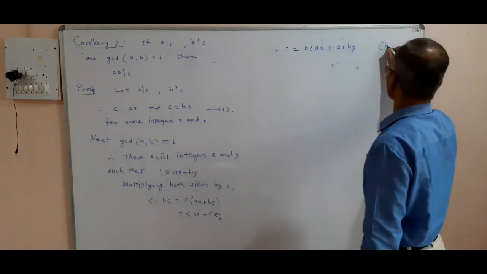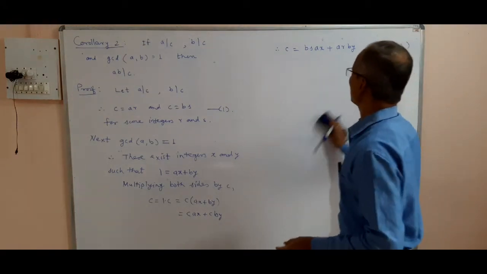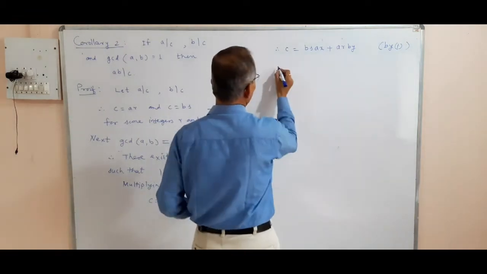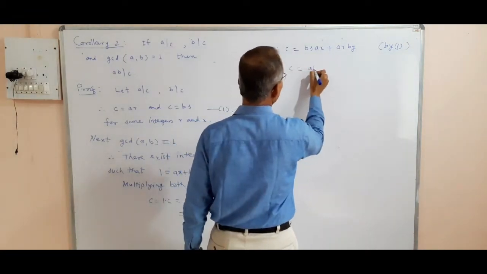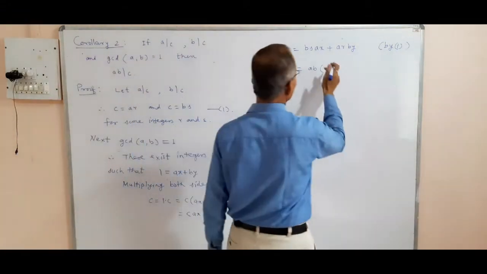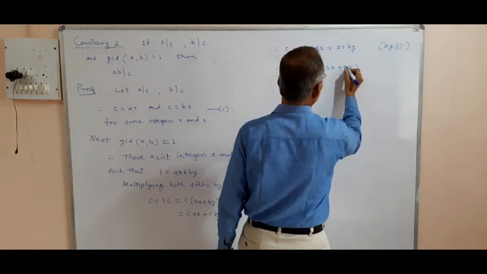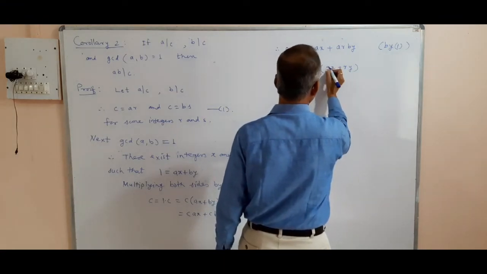B1 by 1, and now we can take AB common from this, and that is C is equal to AB. If you take AB common from the right side, then here what remains is Sx plus Ry. Now yes, all are integers.